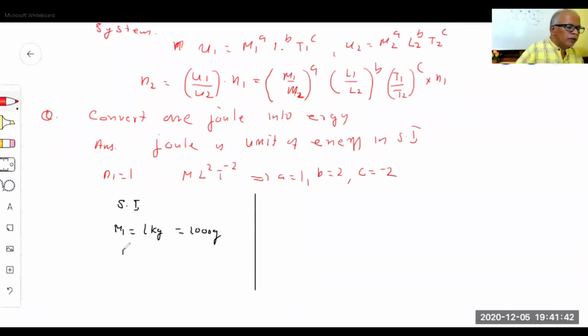L1 is equal to 1 meter, 100 centimeter. And T1 is equal to 1 second.